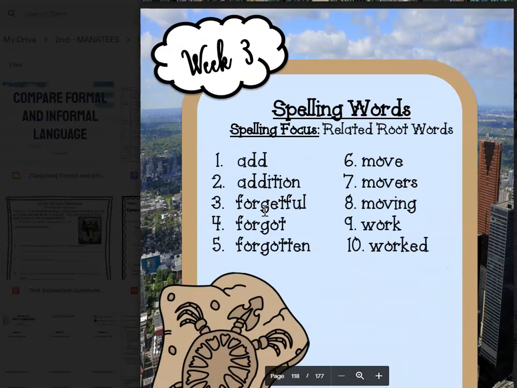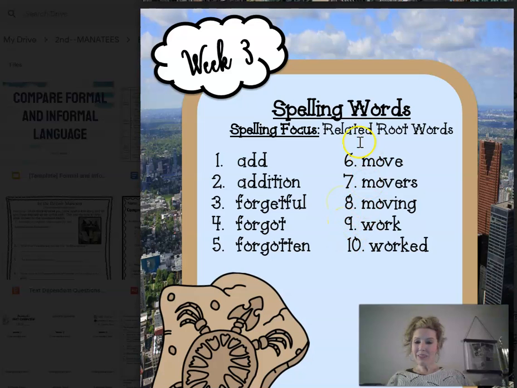And our spelling words, related root words. Add, addition, forgetful, forgot, forgotten, move, movers, moving, work, worked. Do you see the related root words?